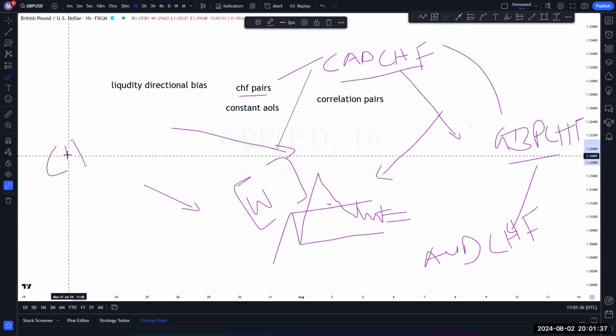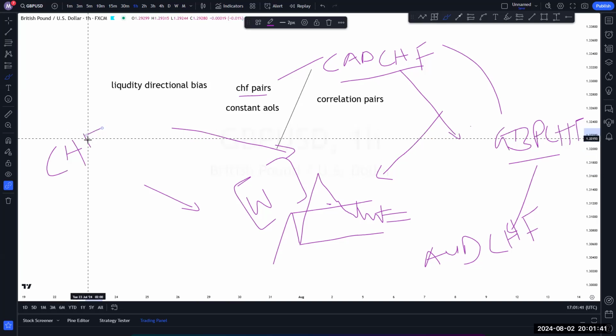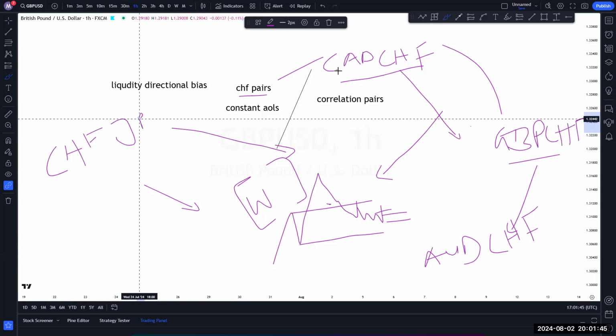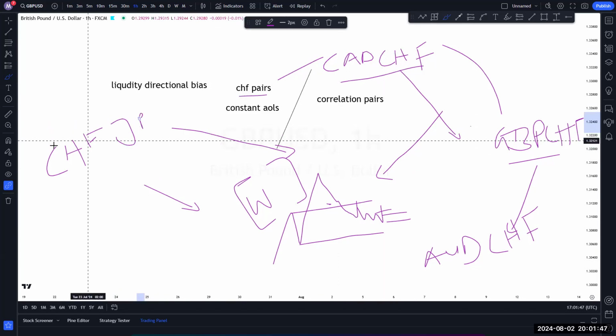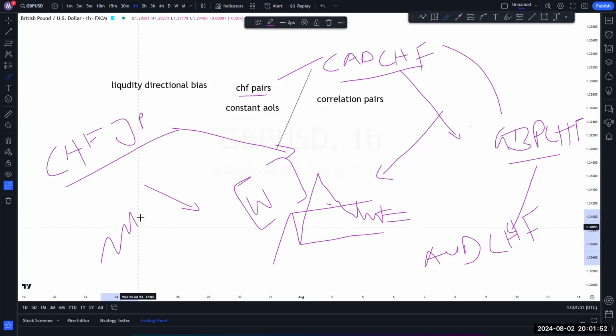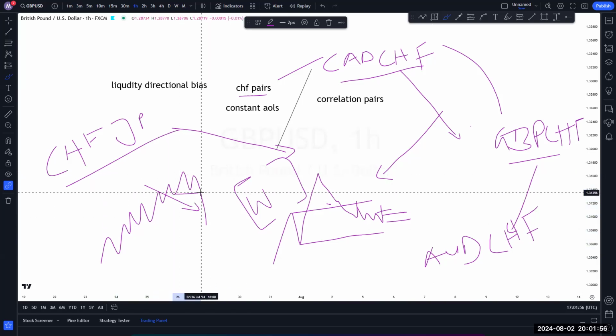Okay. Now, whenever CAD CHF is selling, CHF JPY will be buying. So it means that if I'm going to buy CHF JPY, I must look for a nearest area of liquidity that is going to hold the sales for this CHF JPY.